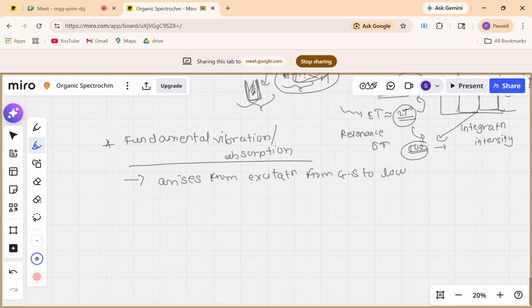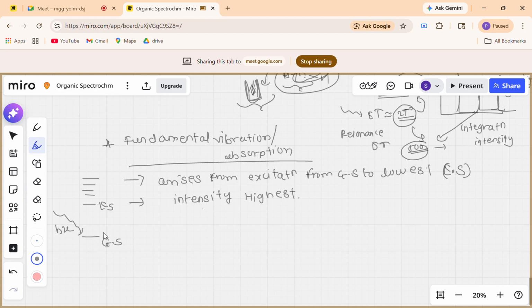Basically, the fundamental vibration arises from excitation from the ground state to the lowest excited state. So GS means ground state, ES means excited state. Mostly, the peak corresponding to this fundamental vibration will have the highest intensity.